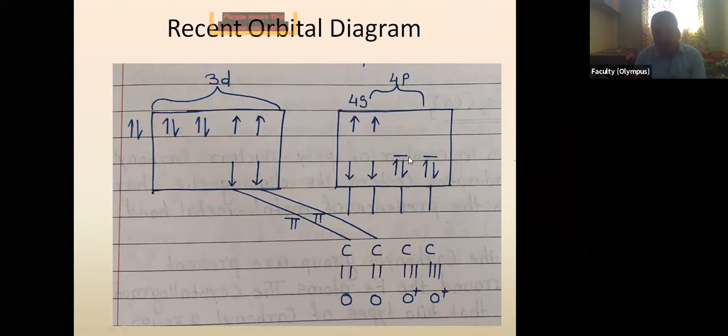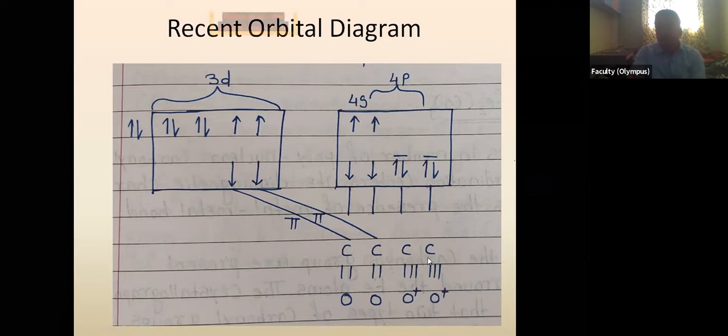There are 4 sp3 hybrid orbitals. Out of that, 2 hybrid orbitals are empty and 2 hybrid orbitals contain one unpaired electron each. Okay. म्हणजे रिसेंट ऑर्बिटल डायग्राम्स काय म्हणतात की sp3 हायब्रिड ऑर्बिटल जे 4 आहेत त्याच्यापैकी 2 ऑर्बिटल्स मध्ये एक एक इलेक्ट्रॉन असतो आणि दुसरे 2 वॅकंट असतात.